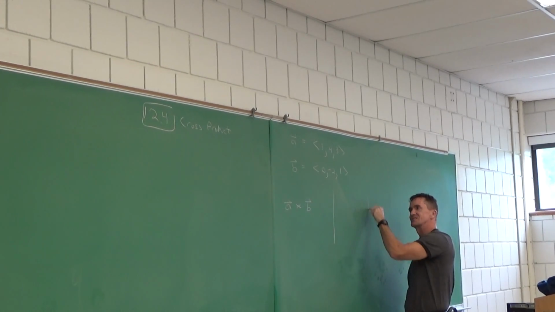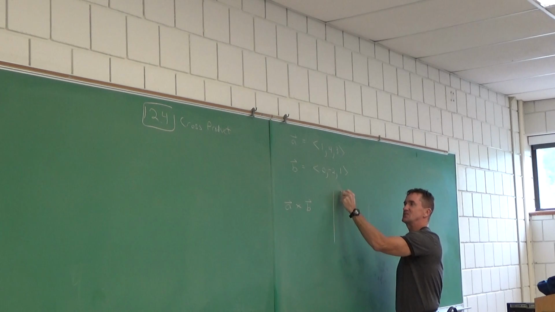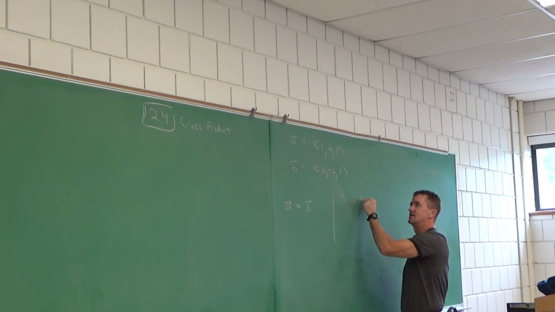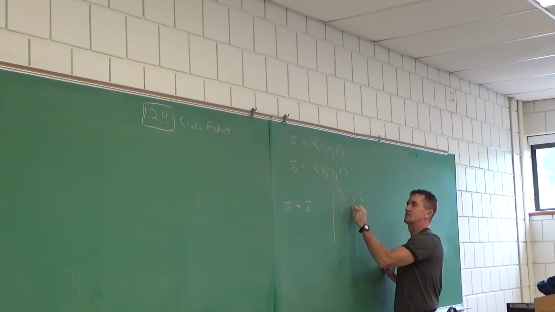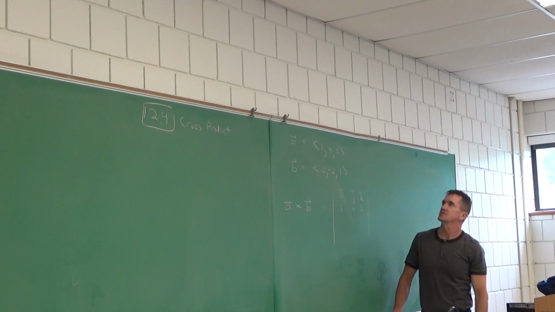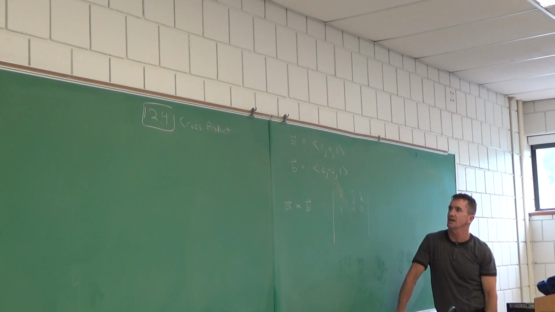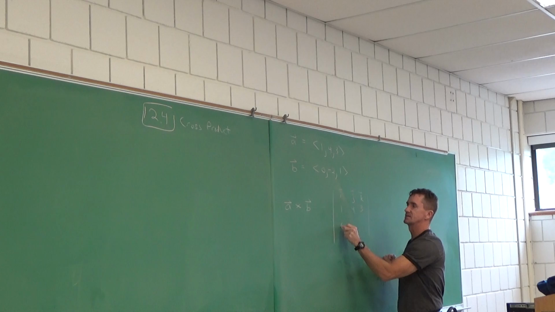Well, what we can do is find something called a determinant of a matrix. So at the top, everyone, I'm just going to put down i, j, k at the top of the matrix. I'll put the vector A, all their components right underneath it. And then I'll put vector B's components underneath this.